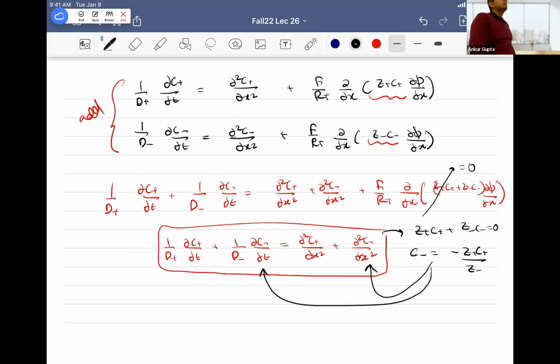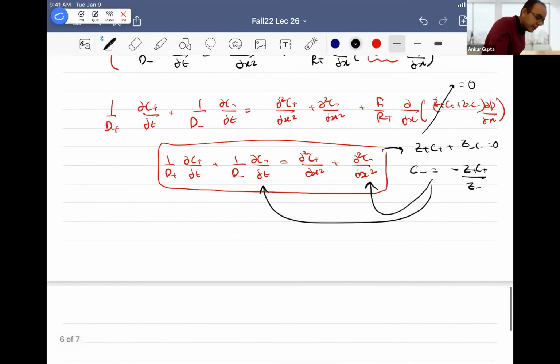And I'll just get an equation in C+. If I write C− in terms of C+, then I'll get an equation in terms of C+, and I will let you do this at home, but it's very, very nice. It's really beautiful that you get this term out.